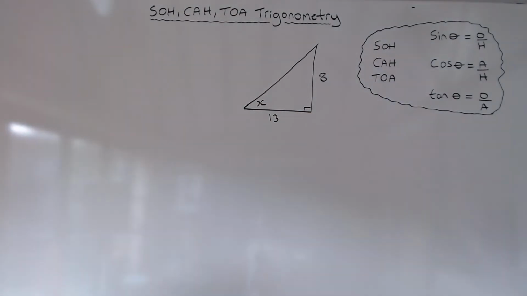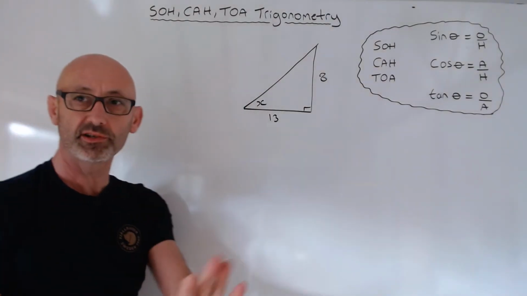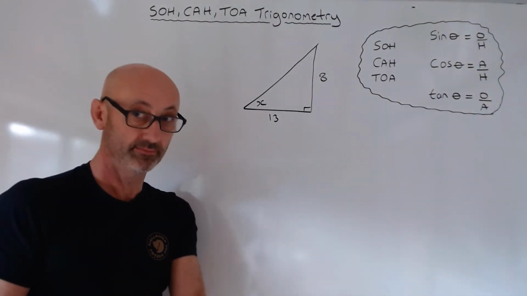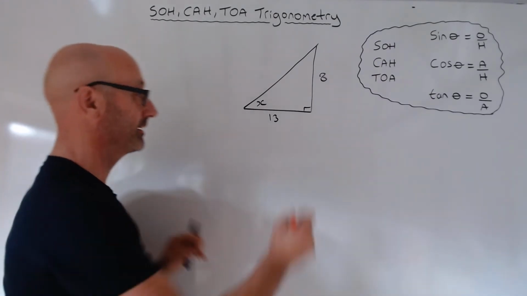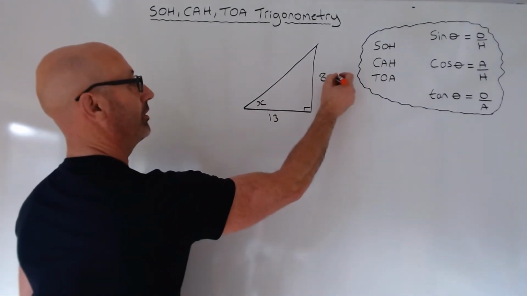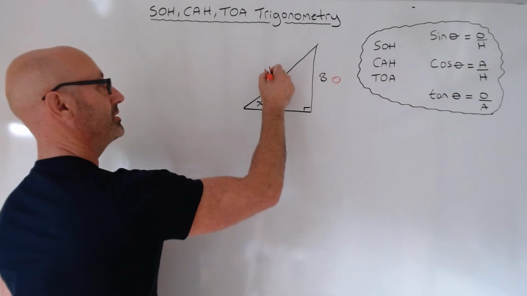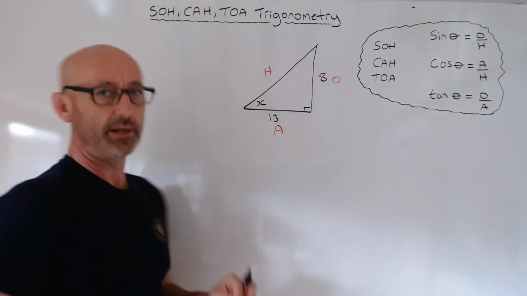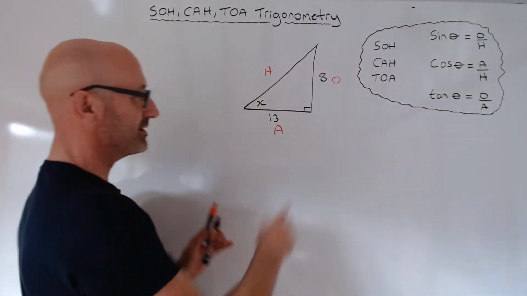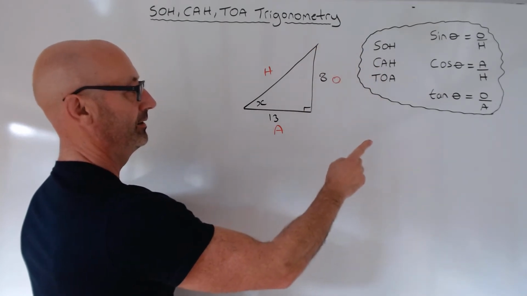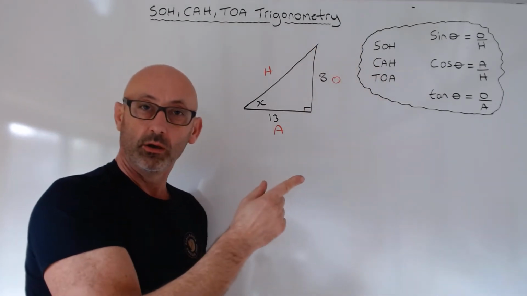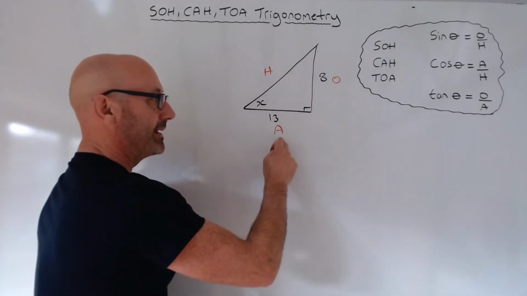Okay, so what do you think the first thing we're going to do is? Well, we're going to label the sides. Okay, I'm labelling opposite, hypotenuse, adjacent. Okay, decide whether you think it's sin, cos or tan.